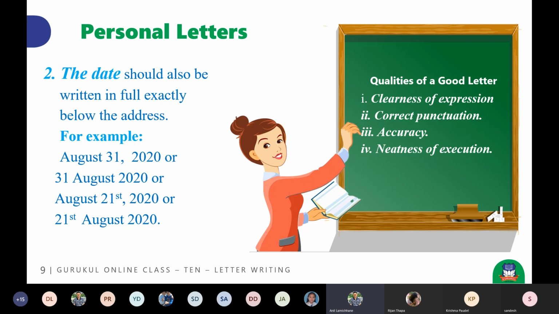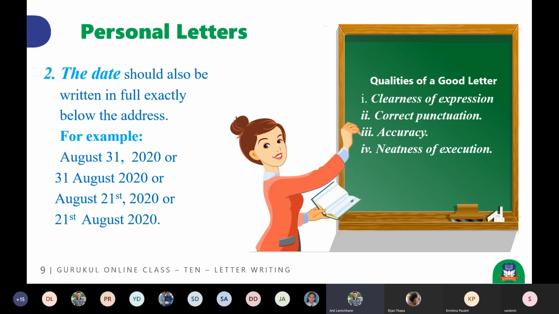Here are some formats, four different formats. If you write today's date, in any one of these formats you can write. It is not a hard and fast rule that any particular format you should write. Anyone you can write, but it must be full. Like August 31st, 2020. If you write August 31, then comma 2020.